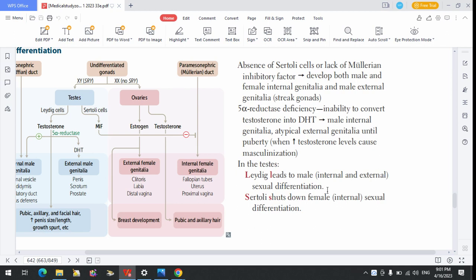If Leydig cell is the one producing testosterone, then that means the testis that is determining the internal genitalia in the embryo, in the fetus, is available.